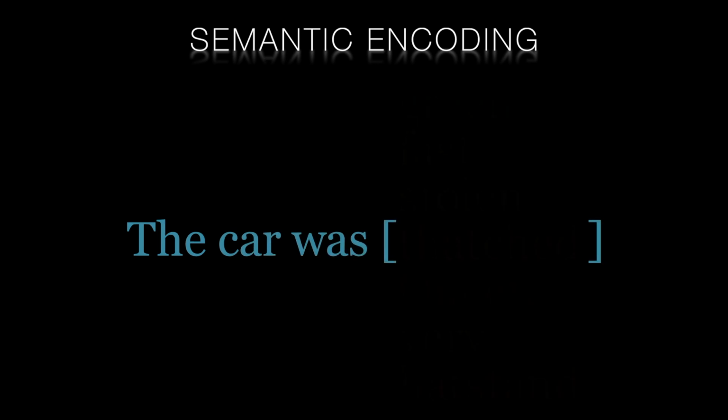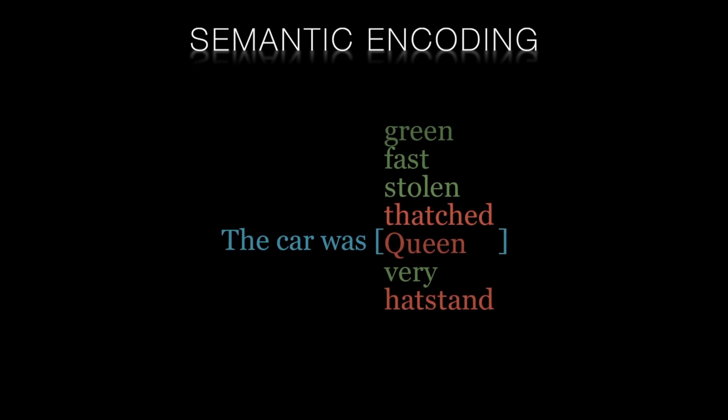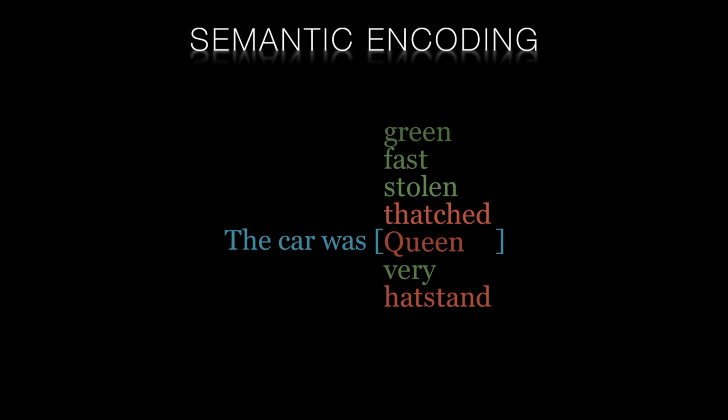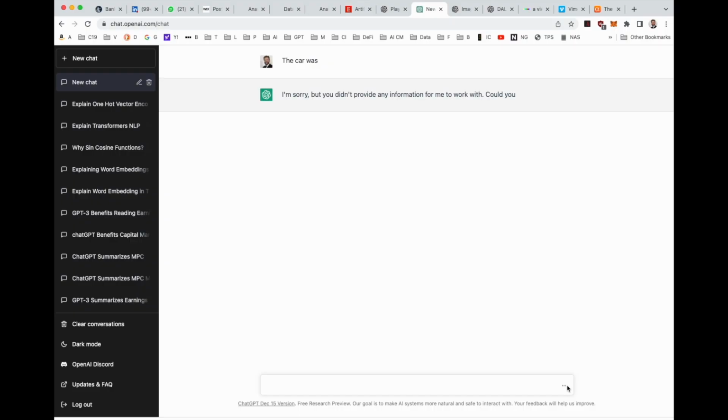This means we have enough data to train some AI algorithm to predict the next word in the sentence that begins, "The car was." Interestingly, when I posed this question to ChatGPT, it went a bit Marvin the Paranoid Android from Hitchhiker's Guide to the Galaxy on me.